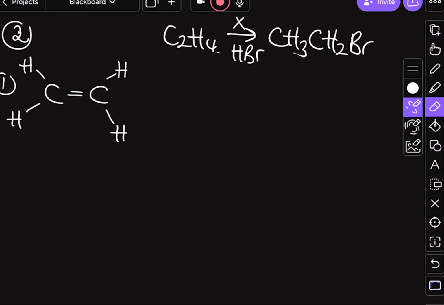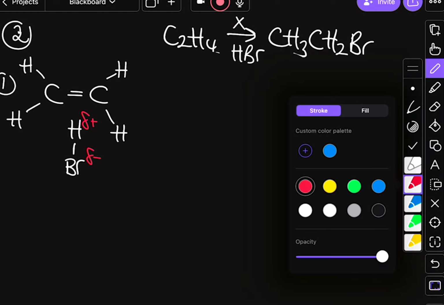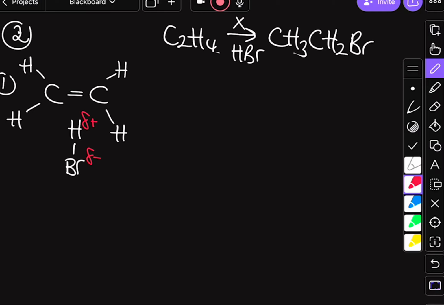And the rules state that the delta negative part of our HBr, because it's already polarized, will be attracted to the double bond, and the electrons in the double bond will go for this delta positive hydrogen, and the electrons in your shared pair will go for the bromine.